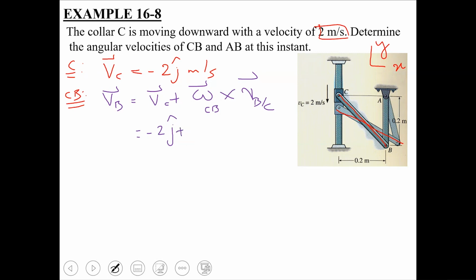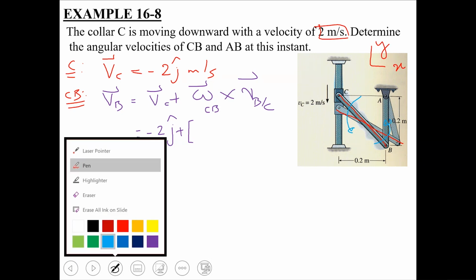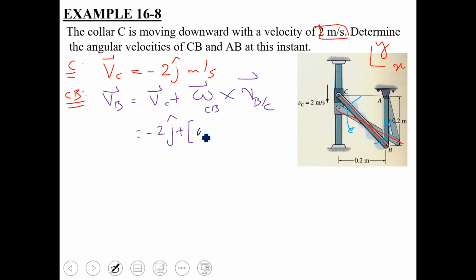Moving on to omega, can you judge the direction of the angular velocity of length CB? What do the two positions that have been shown to you represent? This is going to be the direction of omega, isn't it? So it is counterclockwise. So in order to write this vector, you are going to write omega CB in vector form.